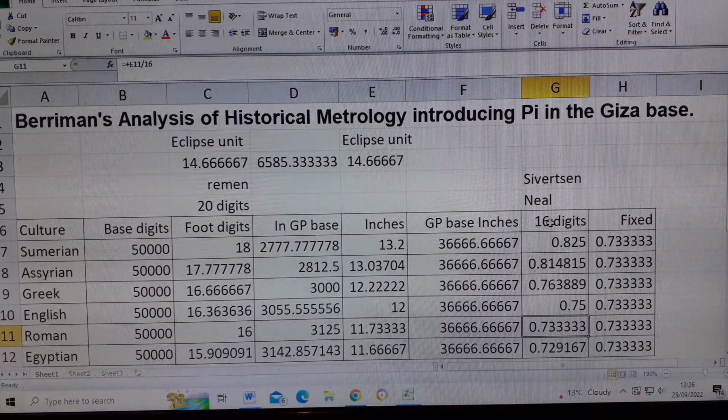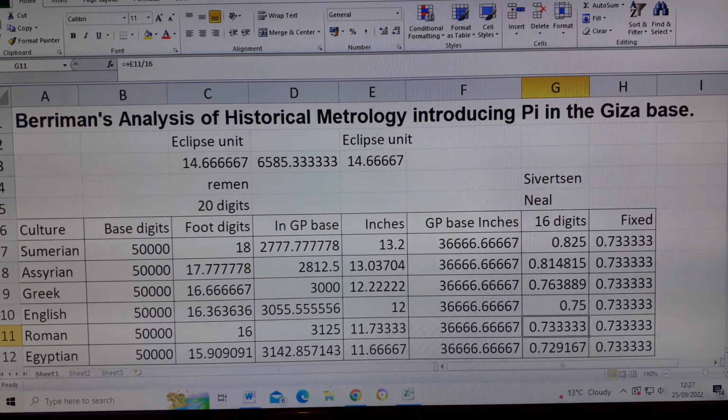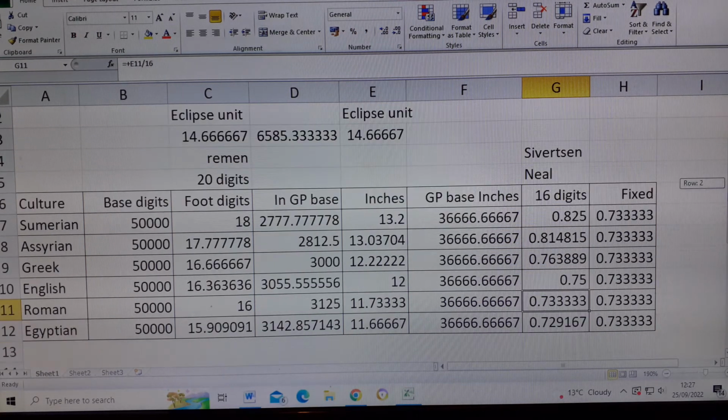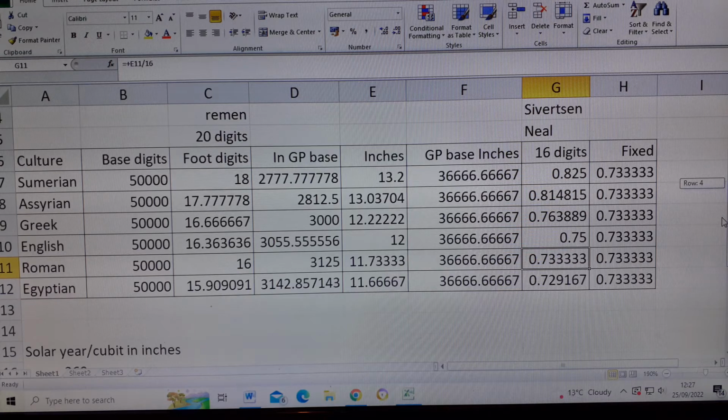Well, there are, unless we use the Remen to determine the length of the foot. And we can see here that if we multiply the Remen by 9 divided by 10, we get 18. And all these are whole number fractions, these percentages here. They can all be worked out as whole number fractions of 20 digits. So Berriman's method is okay.